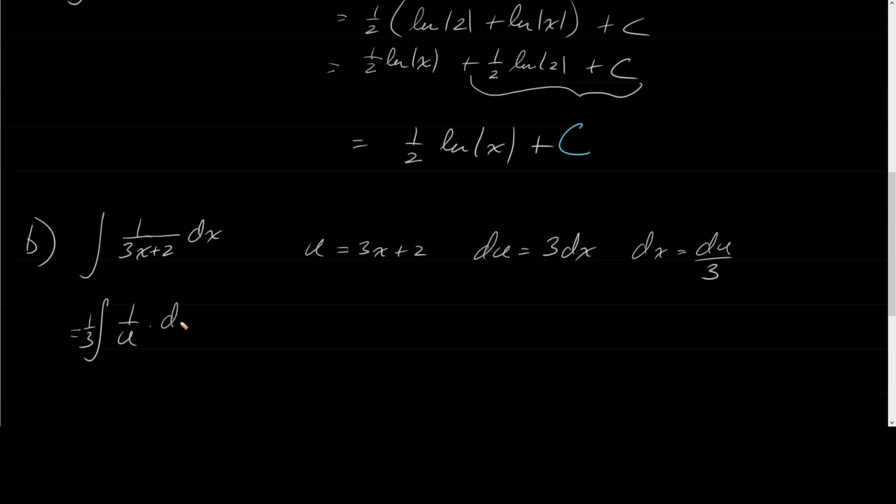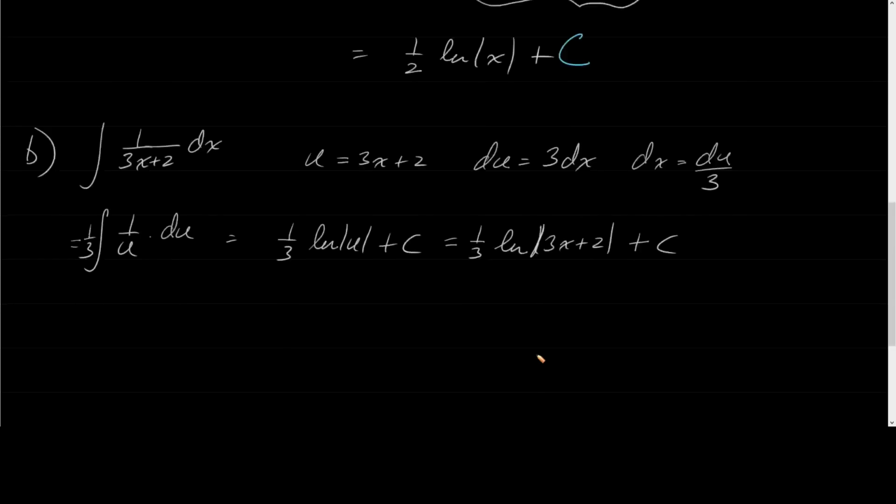I'm going to put the 1/3 on the outside, so we have 1/3 integral of 1 over u du. And at this point, this becomes 1/3 times ln of the absolute value of u plus c. But we know what the value of u was, right? So we have 1/3 ln of the absolute value of 3x plus 2 plus c. All right. Cool. Next one.